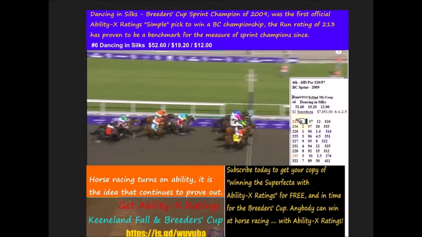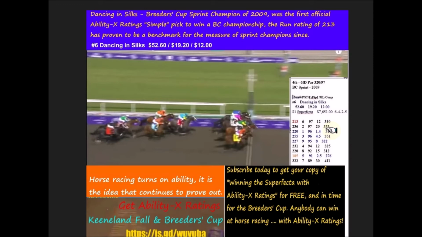Run rating 213, early speed down there at 97. Dancing in Silks wins the race, sticks that whole head out there in front, pays 52.60. And the Breeders' Cup's coming up, so some people might want to start paying attention to that.